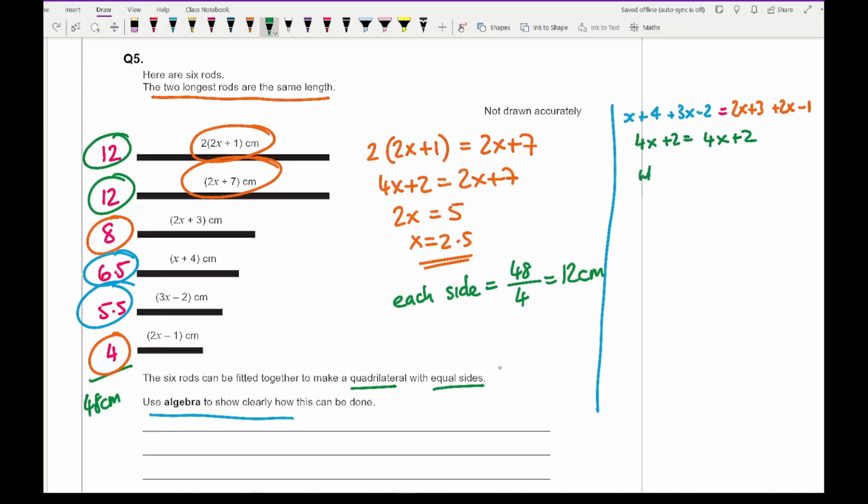So when x equals 2.5, we've got 10 plus 2, 10 plus 2, and 10 plus 2, so it equals 12. And there we go, we've done that algebraically.